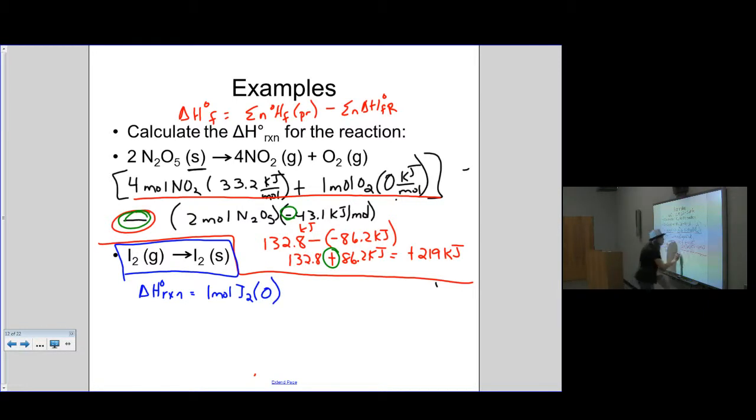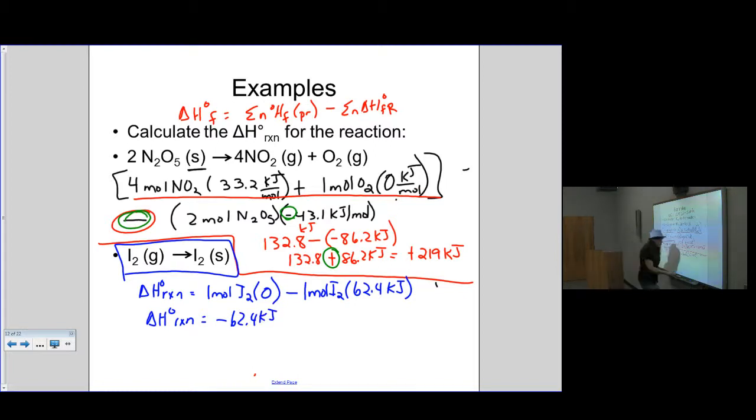And then I'm going to subtract 1 mole of I2 in its gaseous form, and that value is 62.4 kilojoules. And so the delta H for this reaction is negative 62.4 kilojoules, an exothermic reaction.